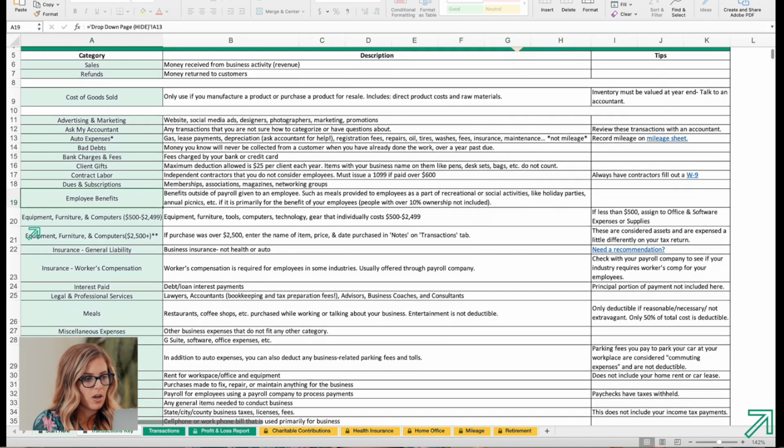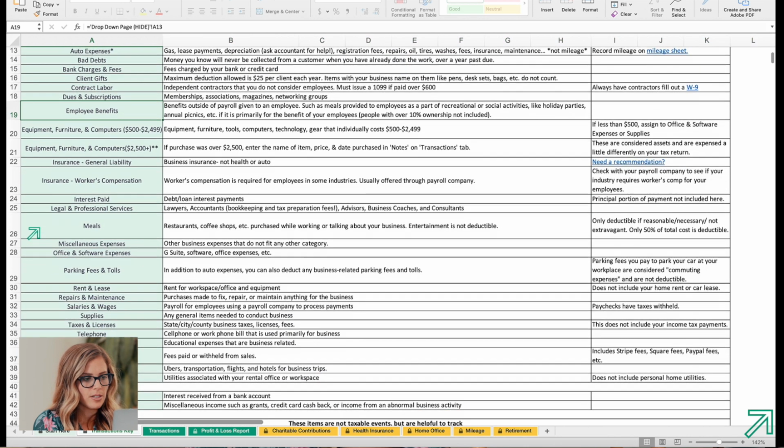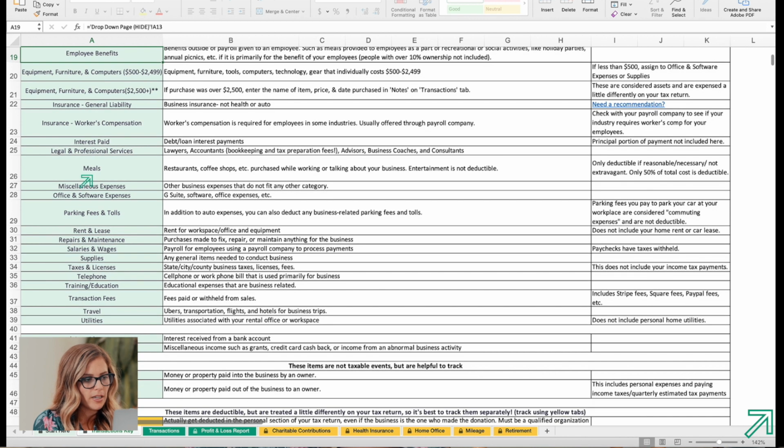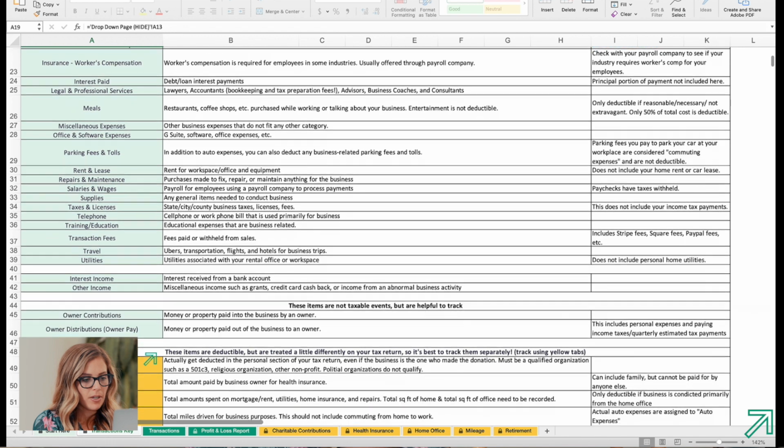And then we've got all sorts of other categories here that we did go into depth before. If you were watching our course, we went through every single one. So we won't go through too many, but there are lots of descriptions here to really help you understand what these categories mean while you're doing your bookkeeping.